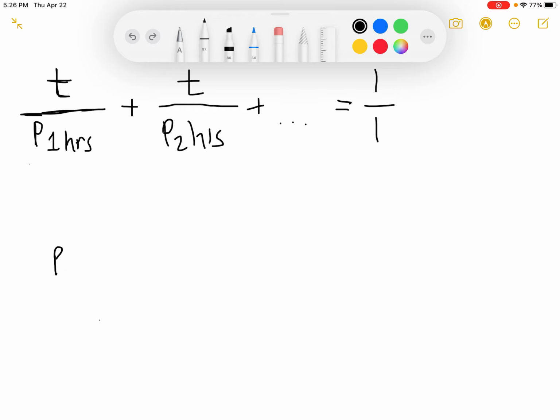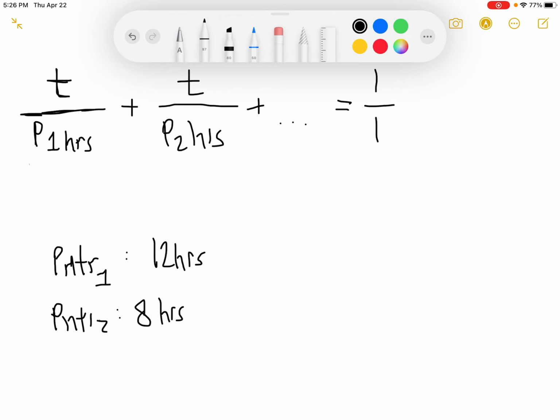Let's just say P and T sub 1, 12 hours. P and T sub 2, painter 2 takes 8 hours. How long would it take them to paint the house together?